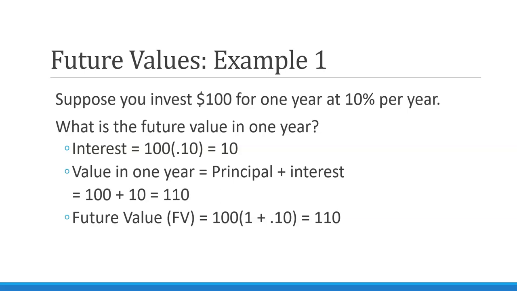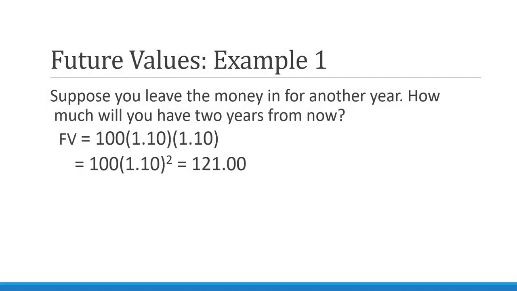When we extend that to 2 time periods, we can see that we've added the time 2 to the formula. So if we leave the money for a second year, then the future value of that $100 at 10% interest is $121. And that is 2 years of interest accumulation.